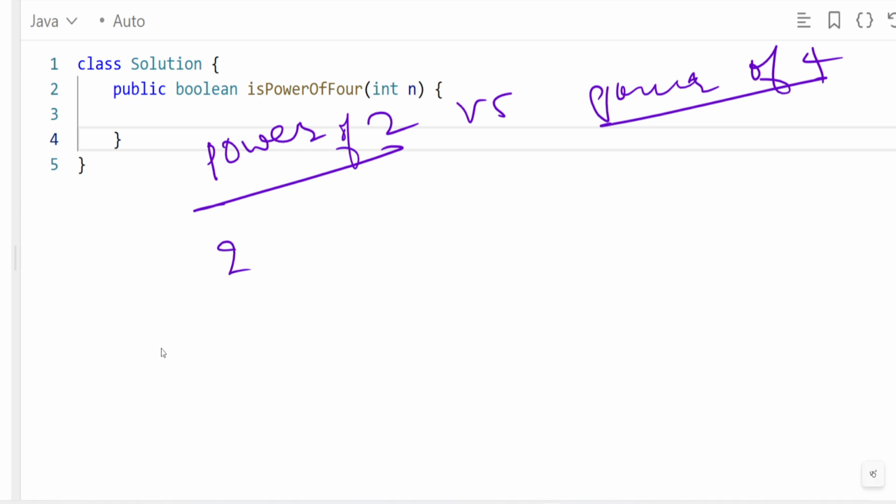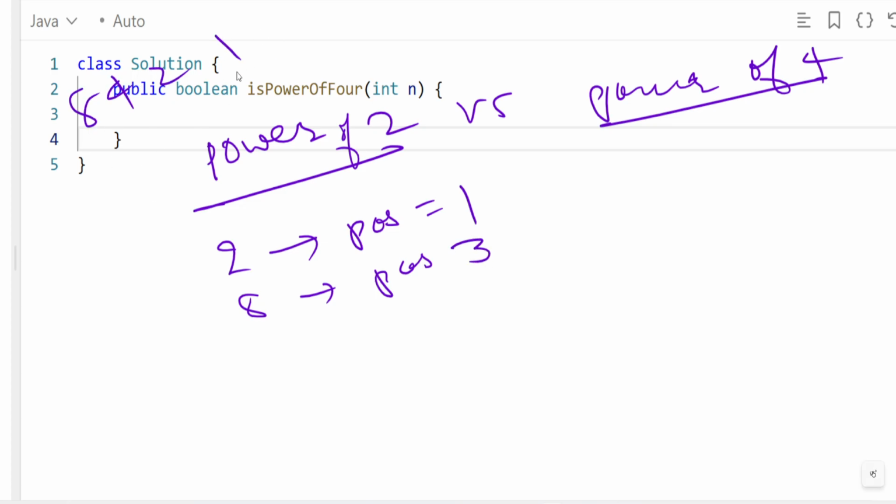Let's talk about 2. The bit position is at 1. When we talk about 8, the bit position is 3. 8, 4, 2, 1. The position of 1 is 0, and the position of 8 is 3. So these are powers of 2, but not powers of 4.